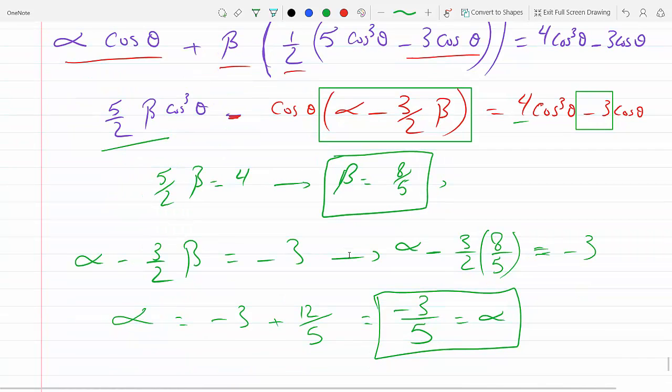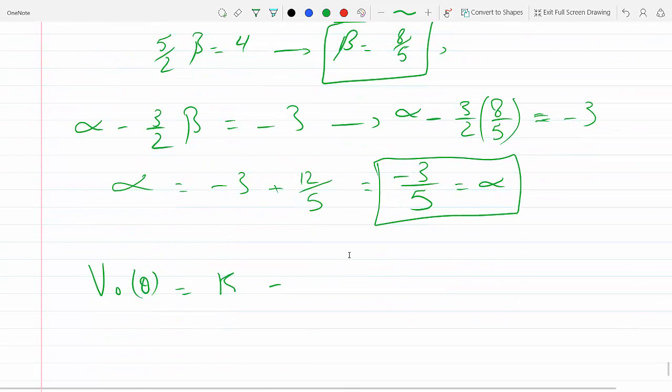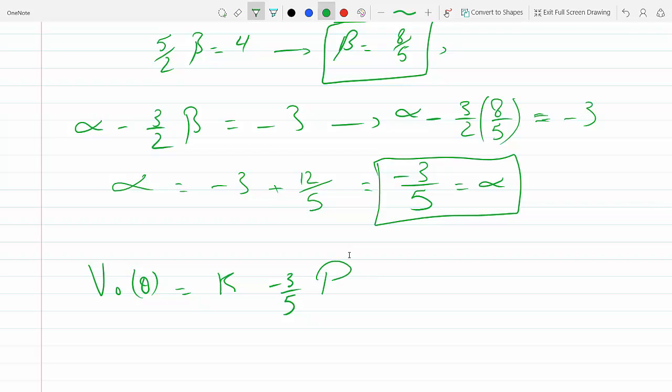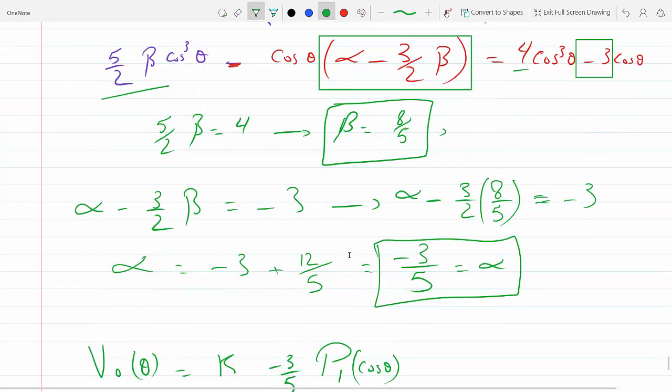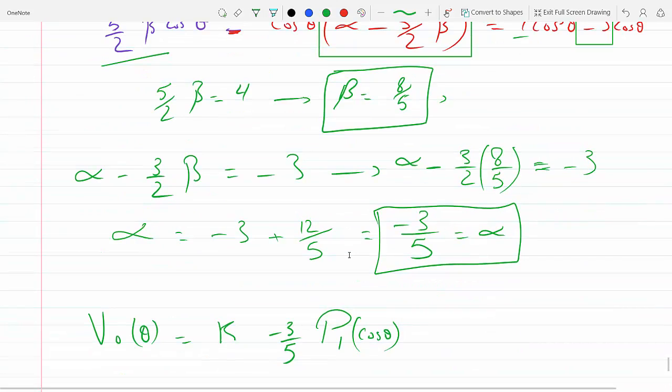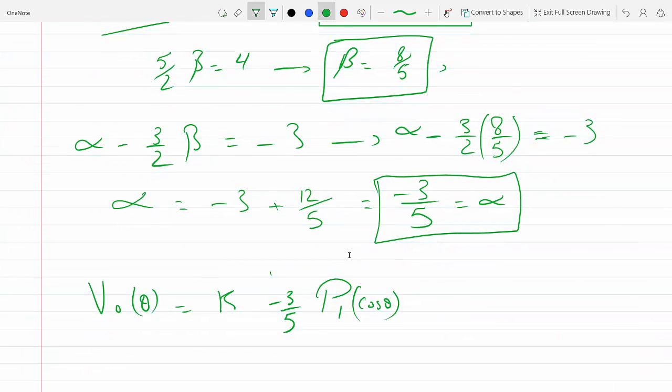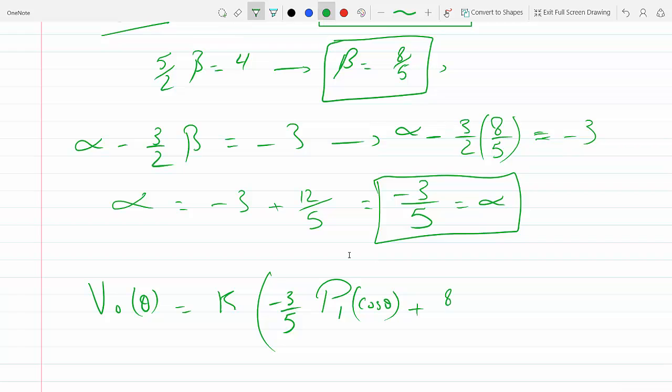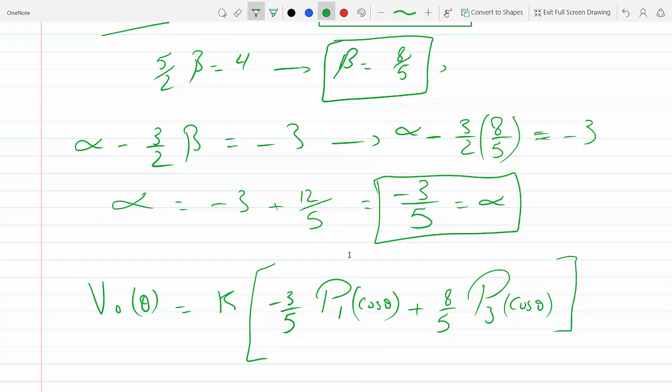Alpha turned out to be minus 3 fifths, times the first Legendre polynomial, P1 cosine theta. And then the second one turned out to be 8 fifths. I'll leave the k outside. Plus 8 fifths times the third Legendre polynomial, P3 cosine theta. There we go.